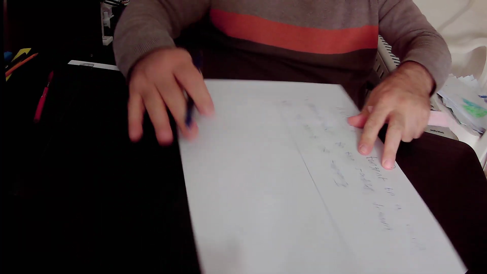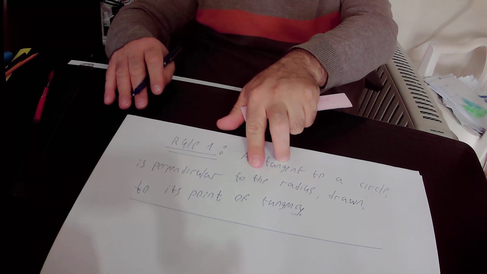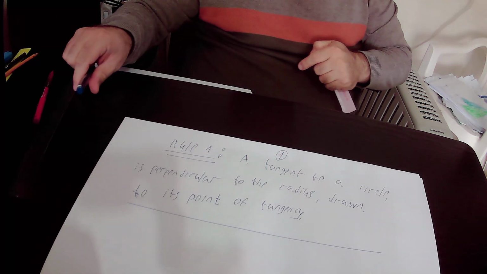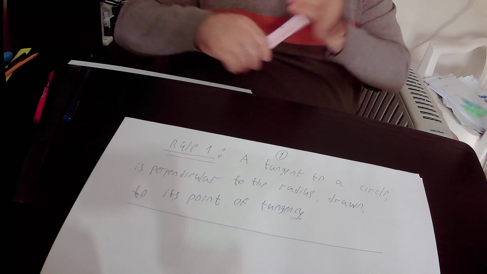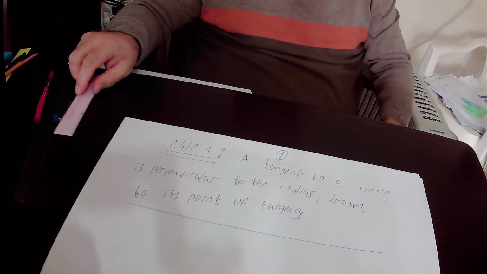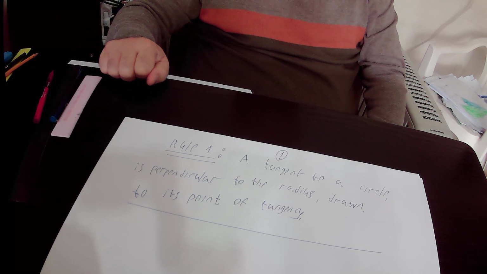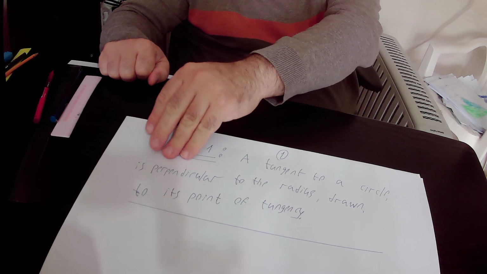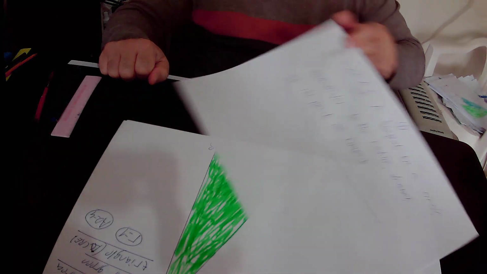I will repeat rule number 1 again. According to rule number 1, a tangent to a circle is perpendicular to the radius drawn to its point of tangency. So what is the meaning of rule number 1?